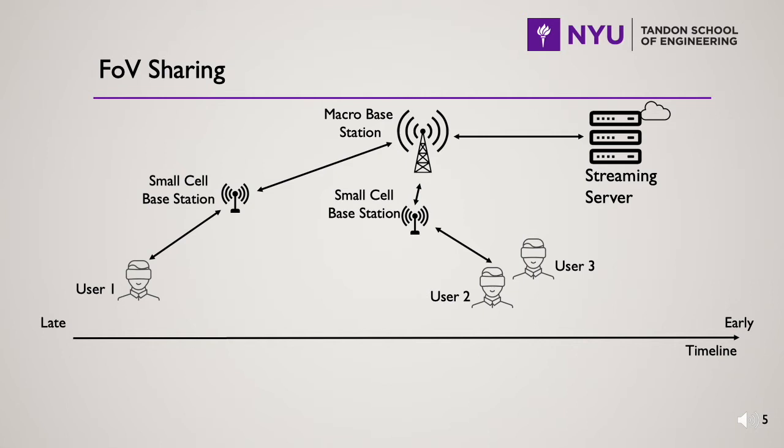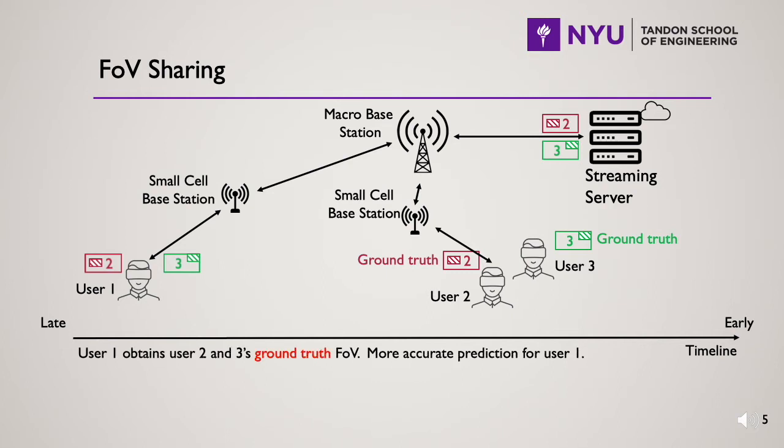Therefore, users 2 and 3 have lower latency than user 1 in this case. If users 2 and 3 have watched some video, their true FOV information can be shown as the red and green boxes. Then, they can upload their true FOV information to the cloud server, which can be delivered to user 1 later. Therefore, we say user 1 can obtain user 2 and 3's ground truth FOV information.